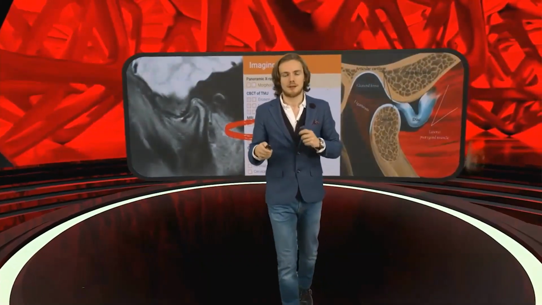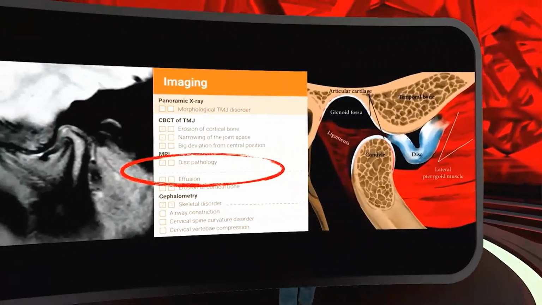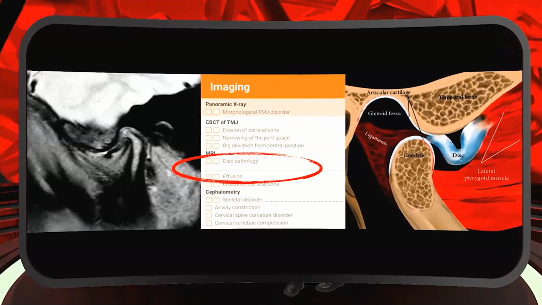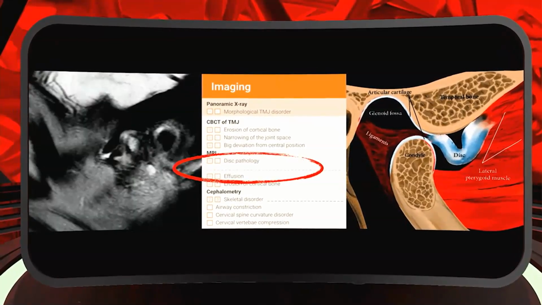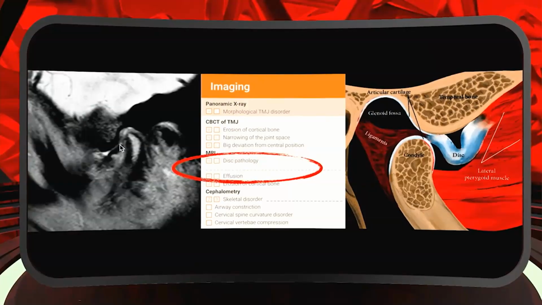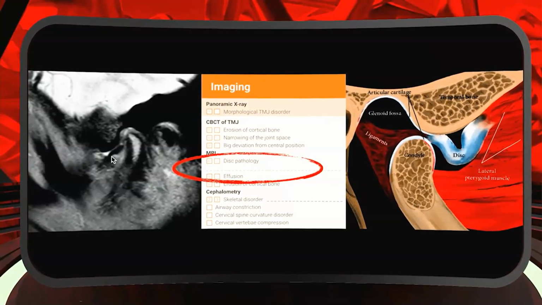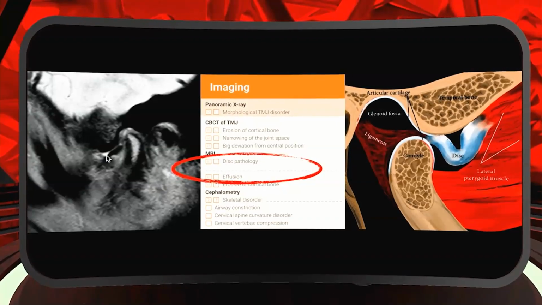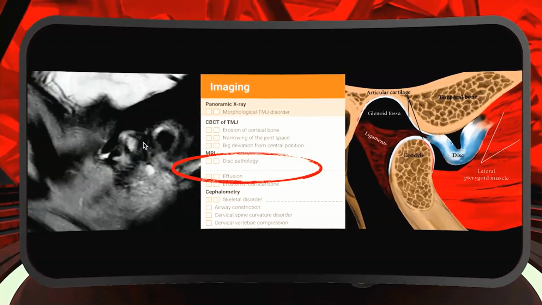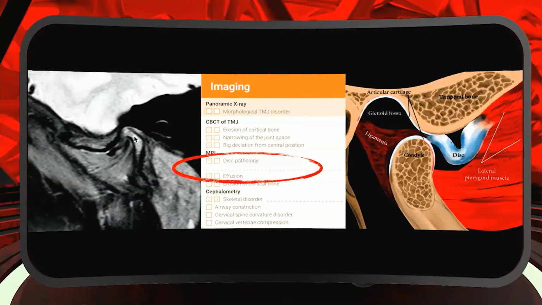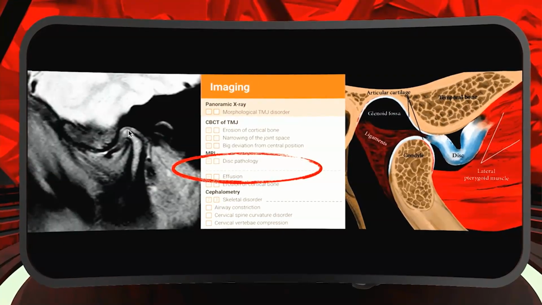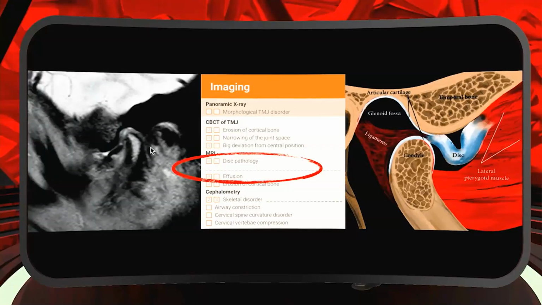Another thing we must learn is the joint, the disc position, and we will read many MRIs, so you will know exactly where the disc is, whether it's reducing or not, what the effusions are, how we recognize the cortical bone on the MRIs.